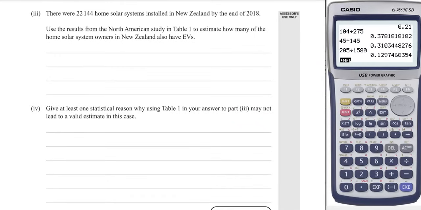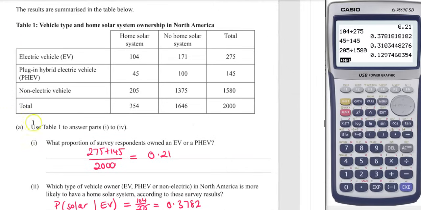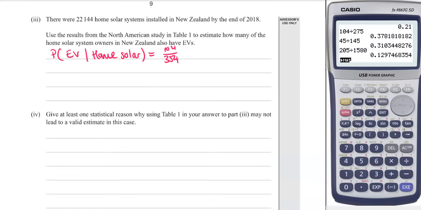Okay, so the proportion of those that had the home solar system and also had EVs from table 1. So of the home solar systems that had EVs, it's 104 out of 354. Then we multiply that by 22144.